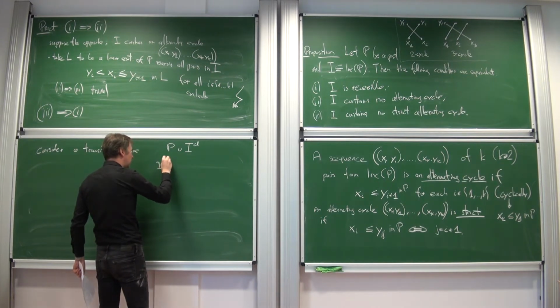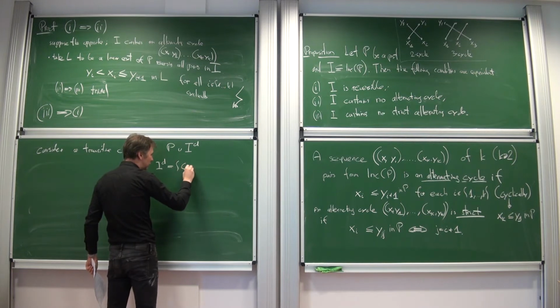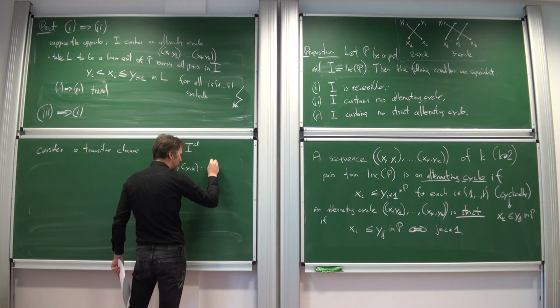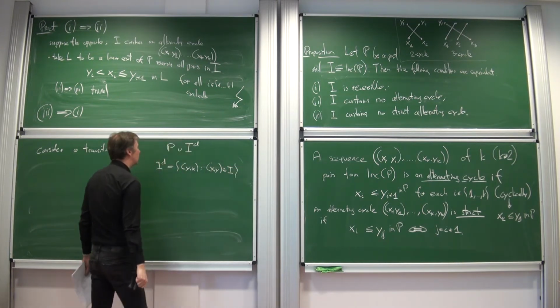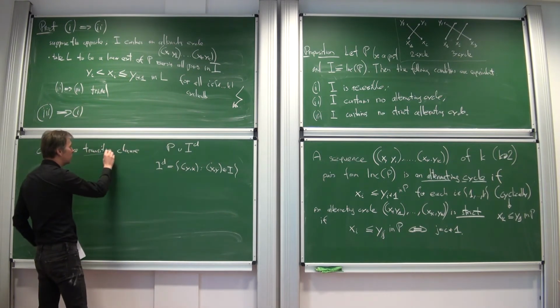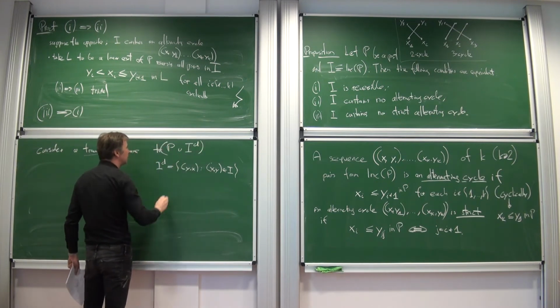So the dual of some set here is that it just contains yx whenever xy is in I, yes? That's the dual of a relation. So we want to consider a transitive closure of this set, yes? So something like this, yeah?